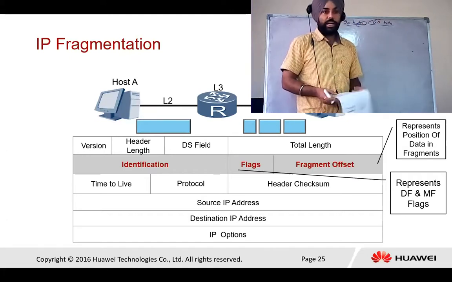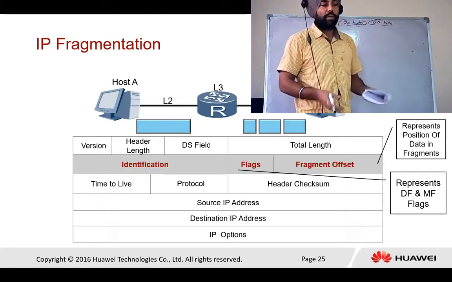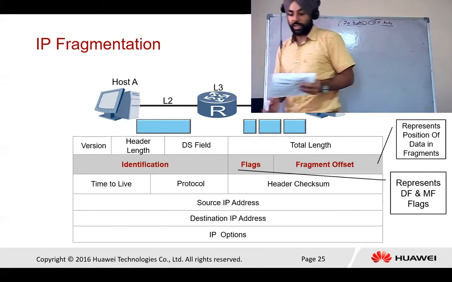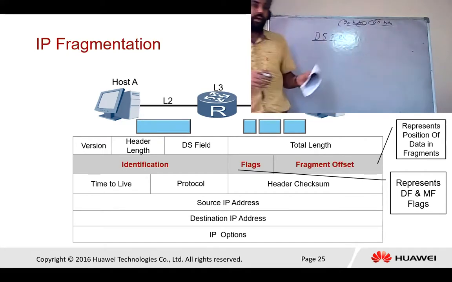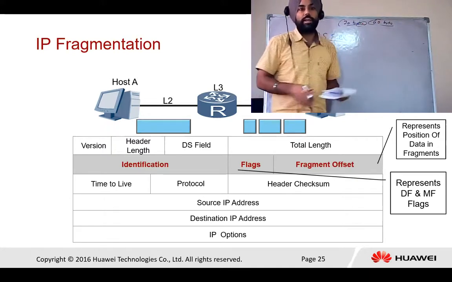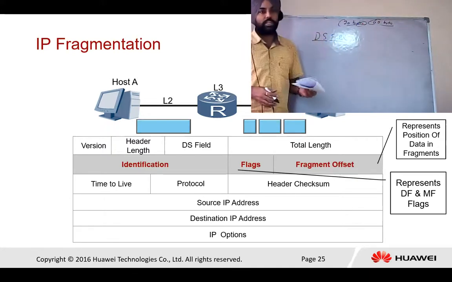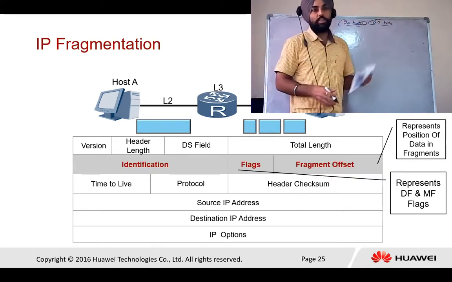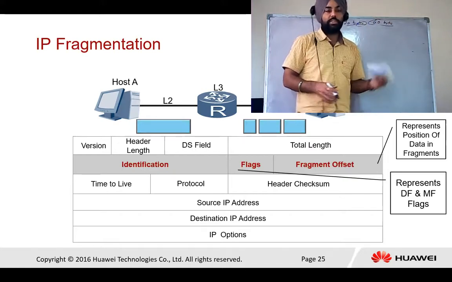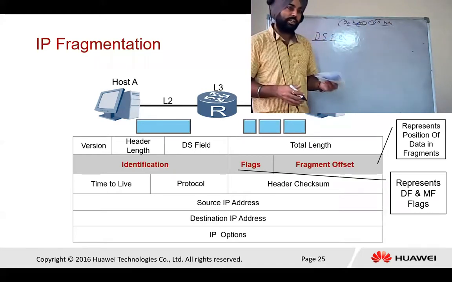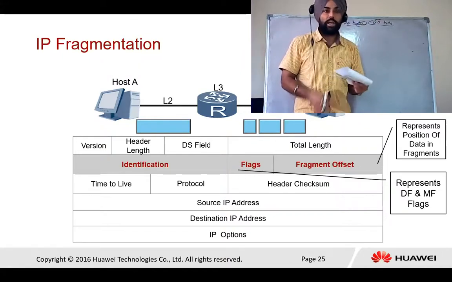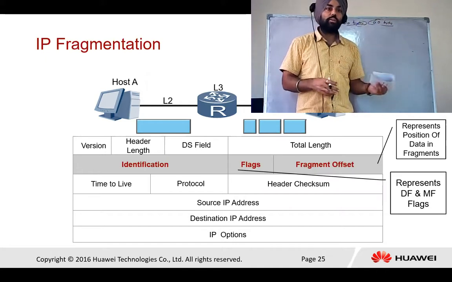Another field is the header checksum, which is used for error checking of the entire header. Another one is the source IP address. When we send a packet to the destination, your IP address also travels through the network. That is your source IP address. When you want to communicate with your destination, you must have an IP address or some kind of URL of the destination where you send the packet.